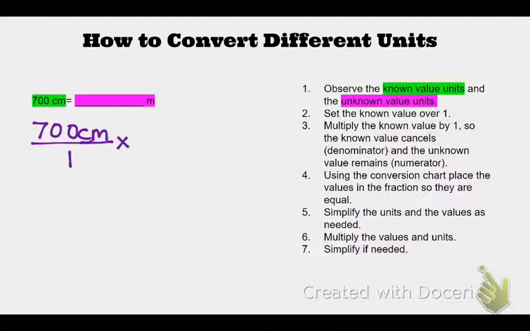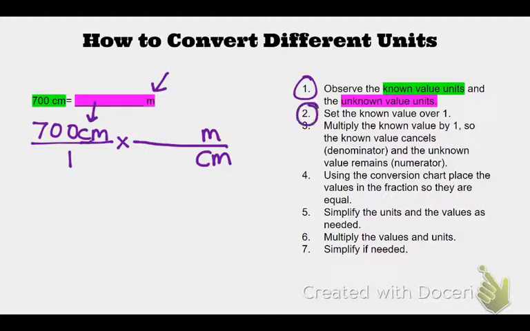And then I'm going to multiply that, just like I did before. I'm going to be multiplying by a fraction that's equal to 1. I look here, and I see this is centimeters, so I know I need to put centimeters on the bottom. I look here to see what I need to find out. That's meters. Okay? So that's step 1.